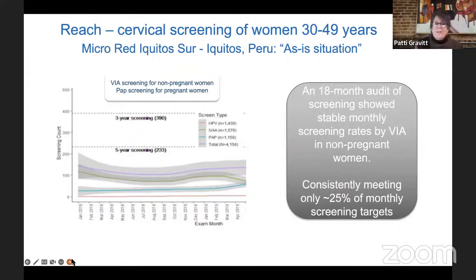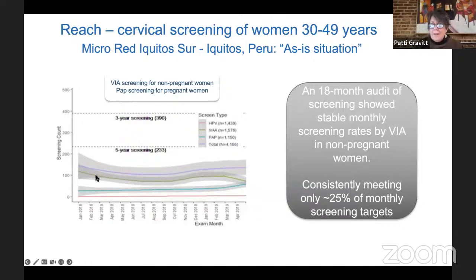And then we went on to do some monitoring and evaluation prior to doing any kind of change in the system. And we were looking at, well, how well does that system as it is, the as-is situation, how well is it really working? We did an 18-month audit of screening, which showed stable monthly screening rates by VIA in non-pregnant women, which was the general program in Iquitos at the time. VIA screening was what was recommended for non-pregnant women in Iquitos, and PAP for pregnant women.